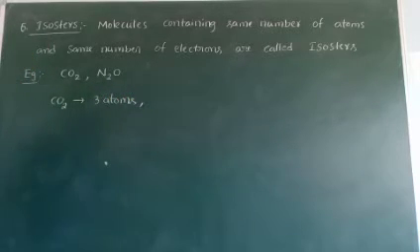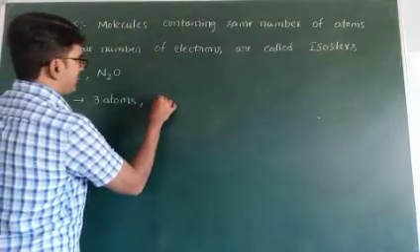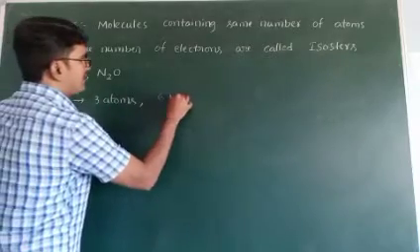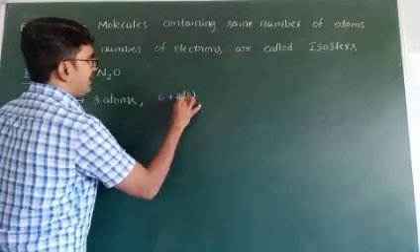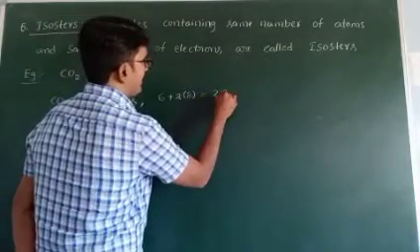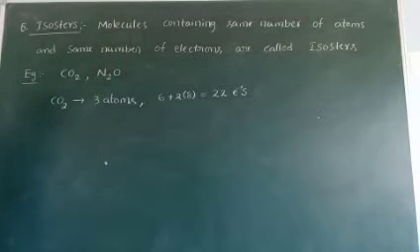And what about the number of electrons? Carbon contains 6 electrons, plus 2 into 8 for each oxygen, which is 16. 16 plus 6, 22 electrons.